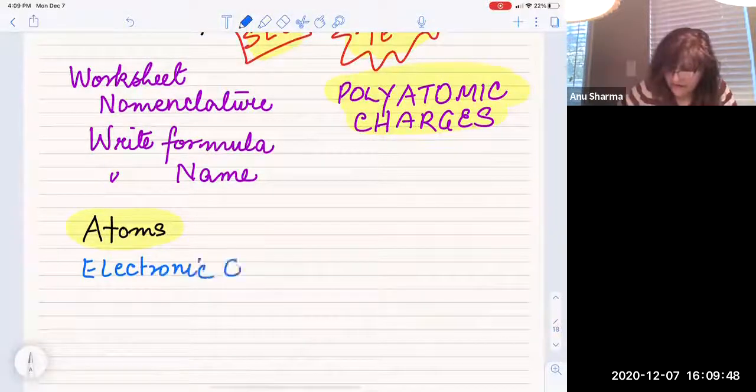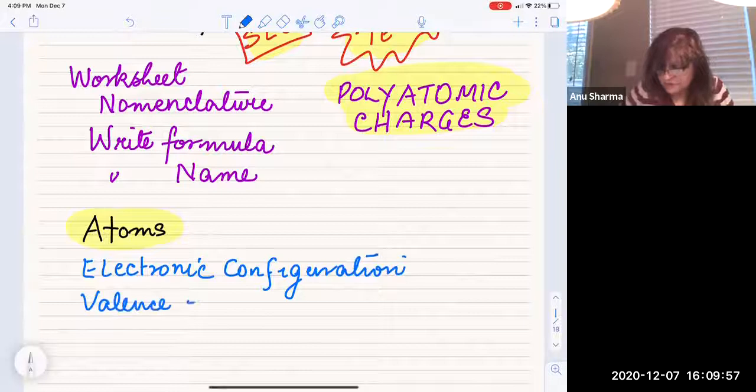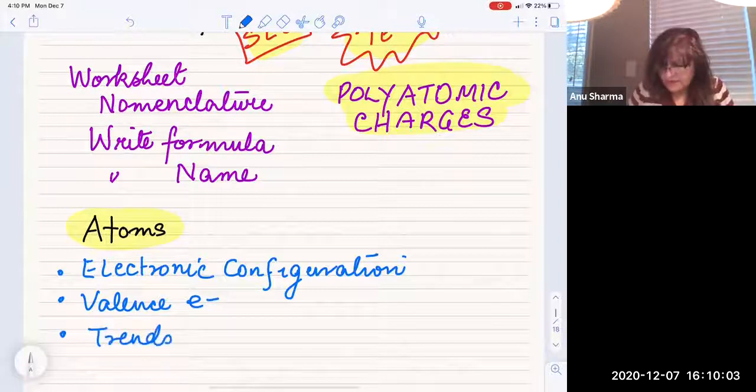Electronic configuration, and also know the valency, which is the valence electrons. And then also what is important is the trends in the periodic table. So what are those trends?